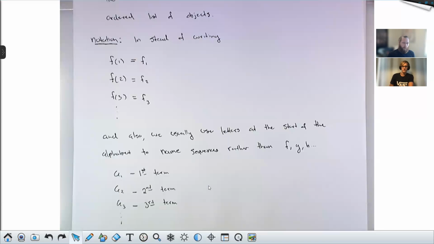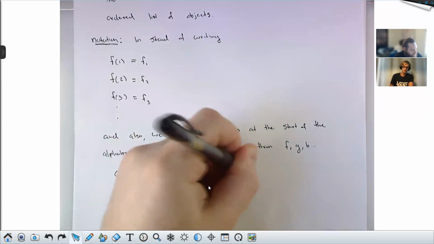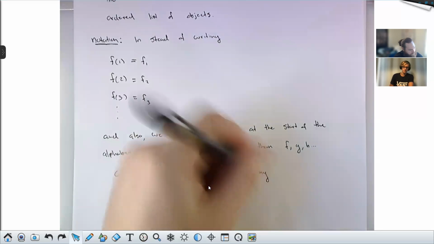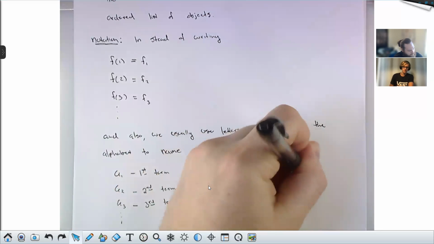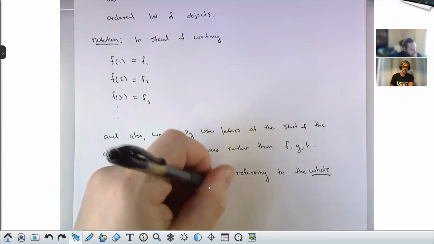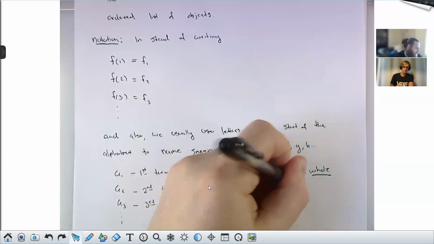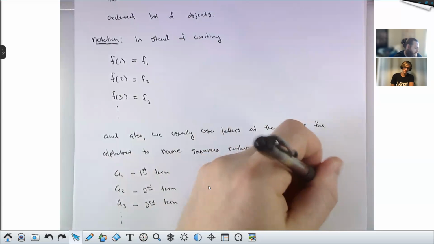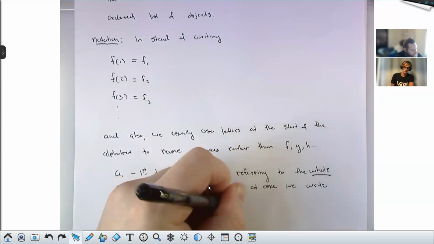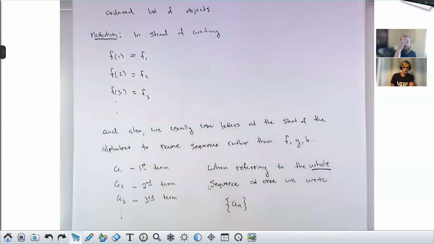One last bit of notation here. If I want to refer to the whole sequence at once, rather than the individual terms, we write curly braces a_n usually.